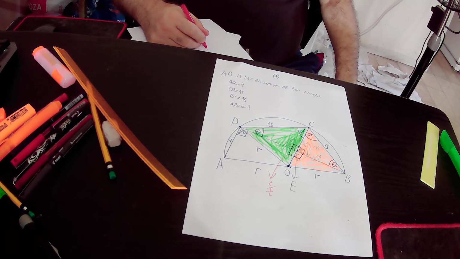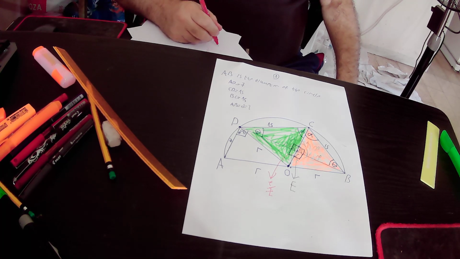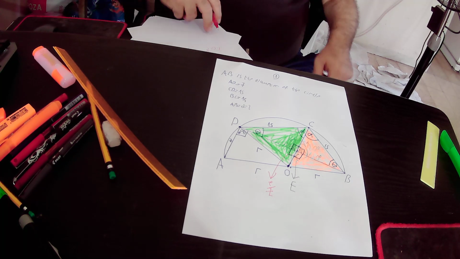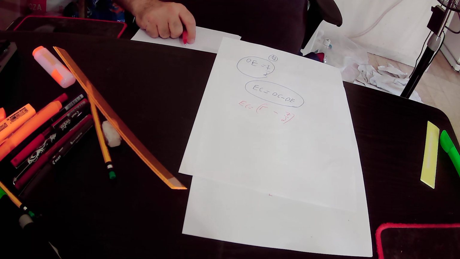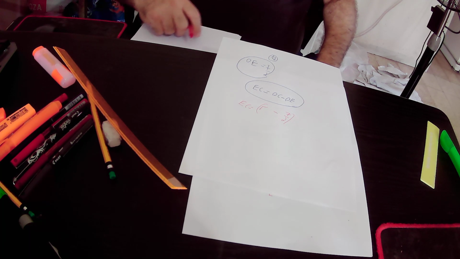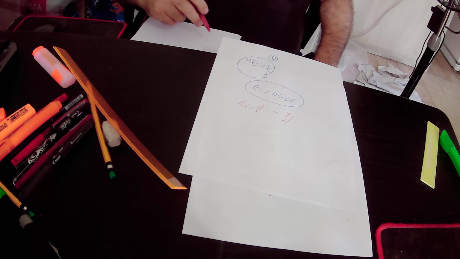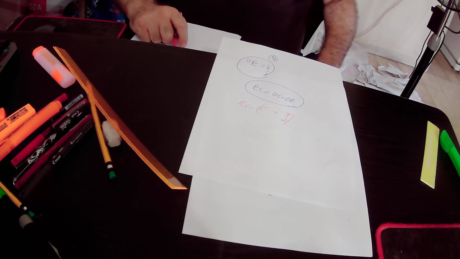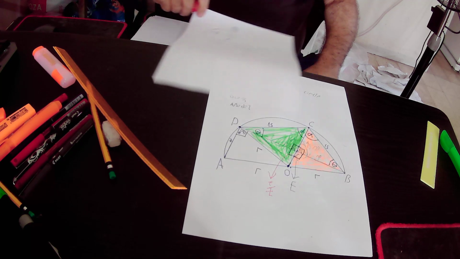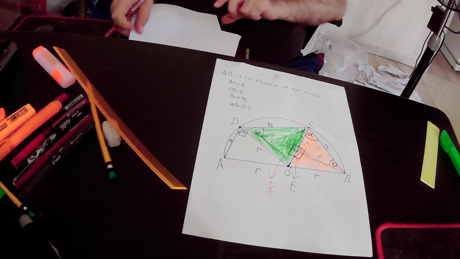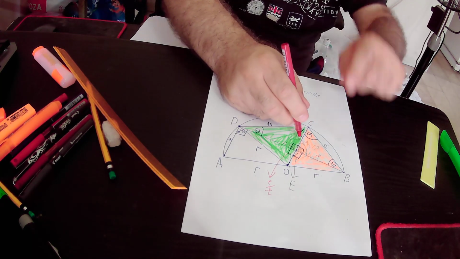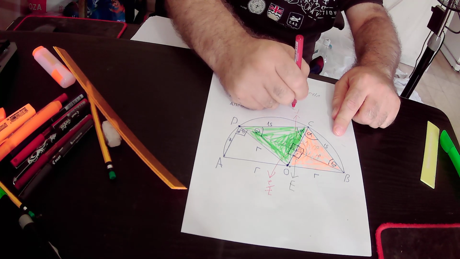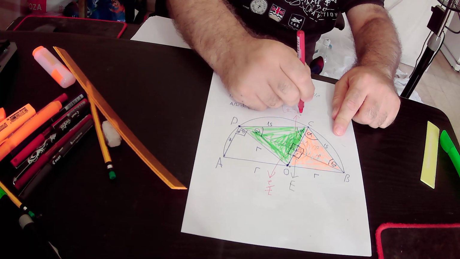So EC equals R minus 7/2 units, because OC is the radius and OE equals 7/2 units.